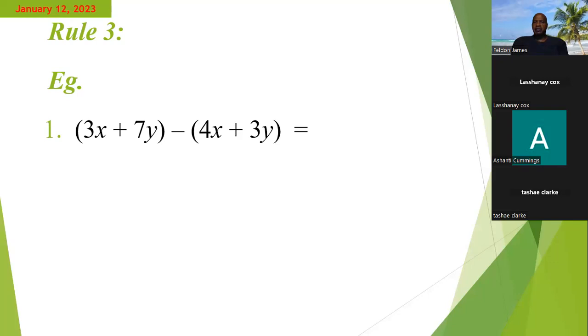Before we can add though, if they're in brackets, we have to remove them from the brackets. We remove them from the bracket based on rule 1 and rule 2. So we're going to apply rule 1 and rule 2 here.